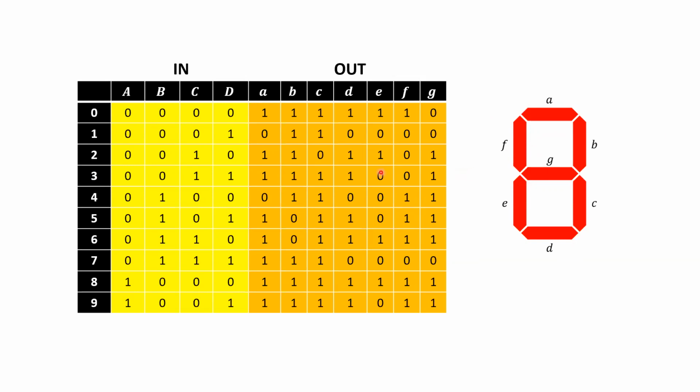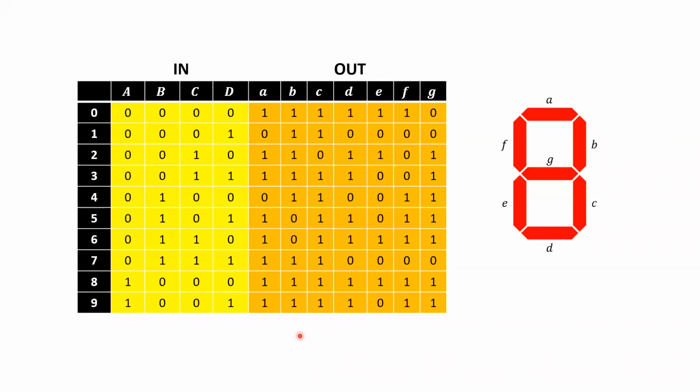And you can see E and F are off, whereas the rest are on. So this is known as a truth table, and it basically tells us for a given input what we expect to see. And what I'm going to want to do next is write a Boolean expression for each of these outputs, for each segment.